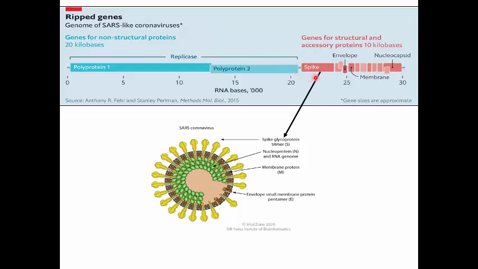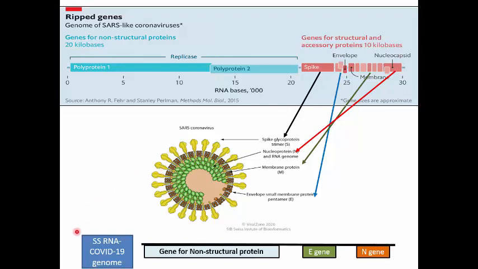So this is the gene for spike protein. Then this is the gene for the envelope protein, which will produce the envelope protein of the cell membrane. This is the gene for the membrane protein, and this is the gene for the nucleoprotein. So this is known as the structural protein gene.